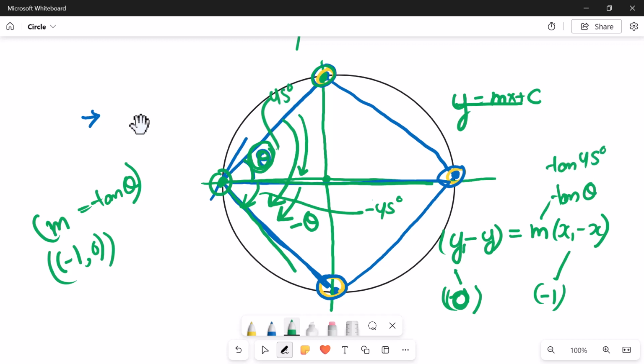And for this we'll rotate the line by subtracting 45 degrees to get the angle 0. Then we'll get to this particular line, and then we'll again subtract 45 to get to this angle minus 45. So we are moving from 45 to 0 to minus 45, right?